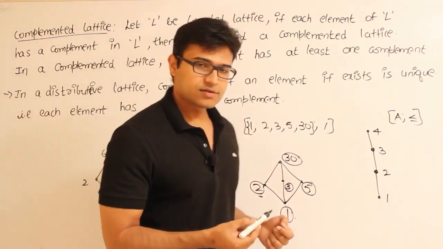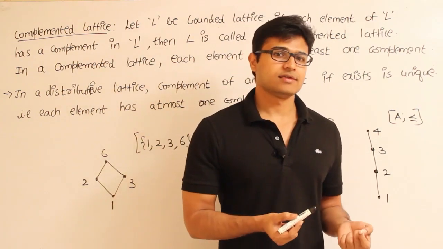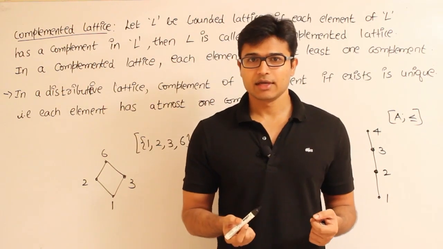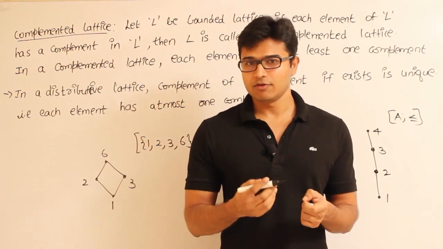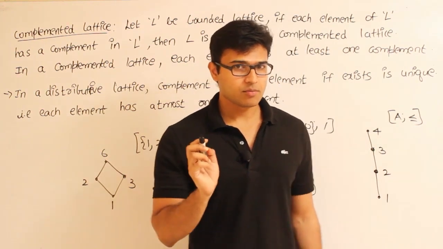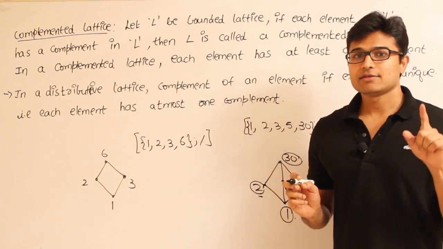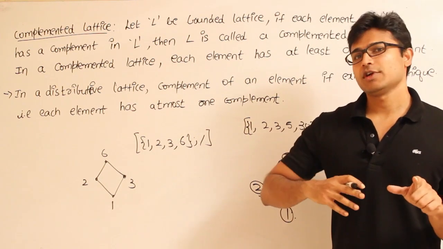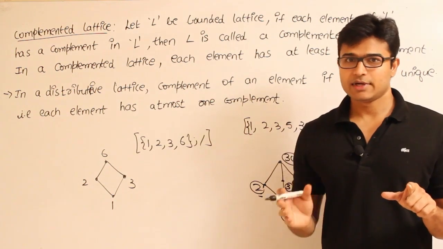So a lattice is going to be a complemented lattice only if every element in the lattice has a complement. It is not enough that one element has a complement. So the important point to remember in this concept is we should have at least one complement, which means even if we have more than one complement, we can call that lattice a complemented lattice.